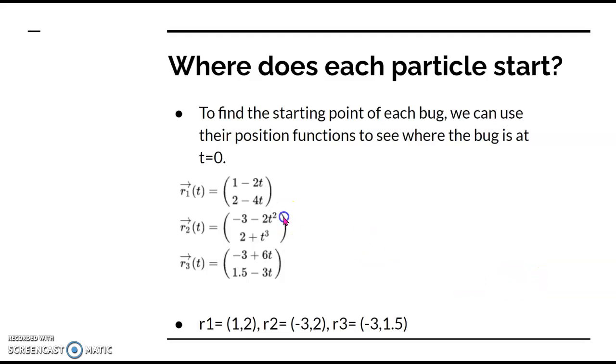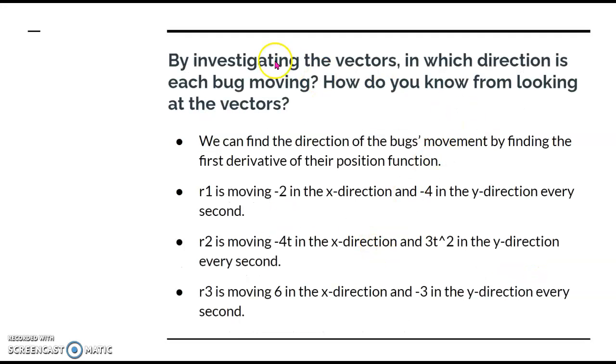Then for question 2, we're looking at where these bugs are moving. There's a couple ways you could do this. The way I did it was I just solved for the derivative. When you solve for the derivative, you get r1' equals (-2, -4), r2' equals (-4t, 3t squared), and r3' equals (6, -3).